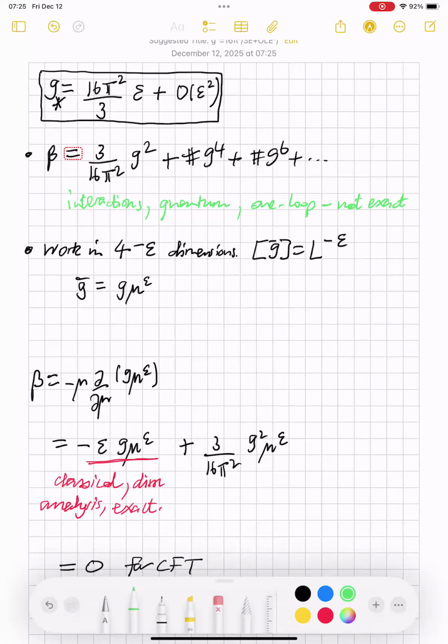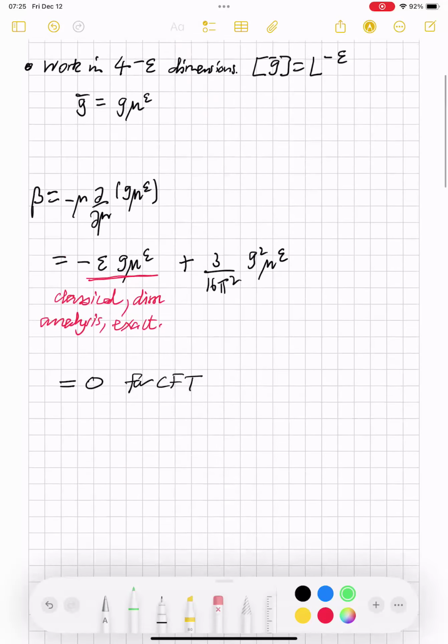In our approximation, we just neglected these terms. Okay? So this is where we approximated. We just dropped those. Of course, if we're very close to 4 dimensions, so that epsilon is small, then the critical coupling is very small, and we can neglect the g to the 4 and the g to the 6 terms. So that's implicitly what we've done.